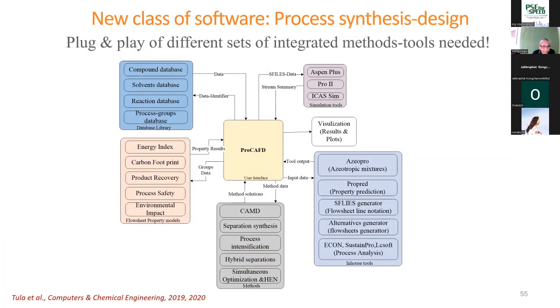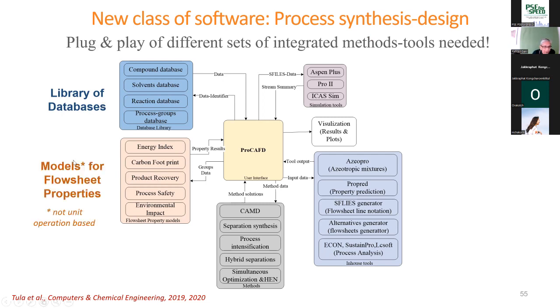So we need a library of databases, not just properties, but we need to know about the solvents, we need to know about the reactions, we need to know about the hazards of the chemicals, all of these. Then we need to be able to generate process flow sheets and calculate the carbon footprint, energy index, safety, environmental, all of those.